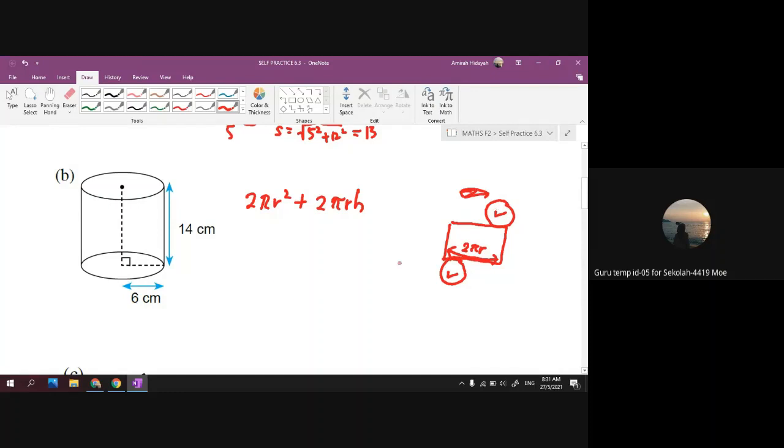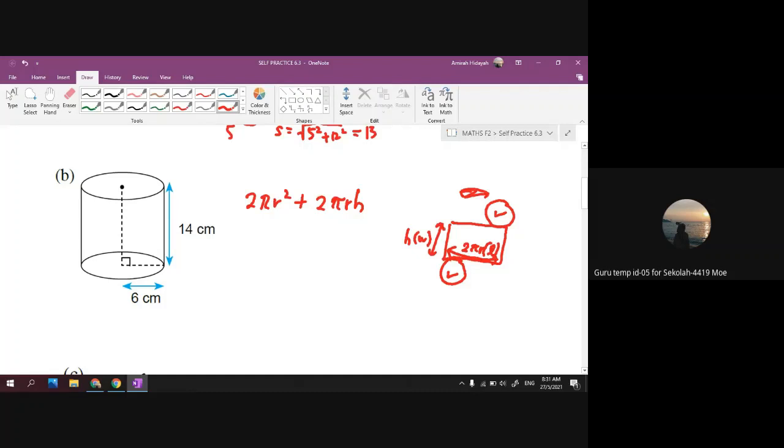That's why 2 pi r, because 2 pi r is the formula for the circumference of a circle. So ni adalah dia punya length untuk rectangle. And width untuk rectangle ni adalah sebenarnya height of this cylinder, 14.